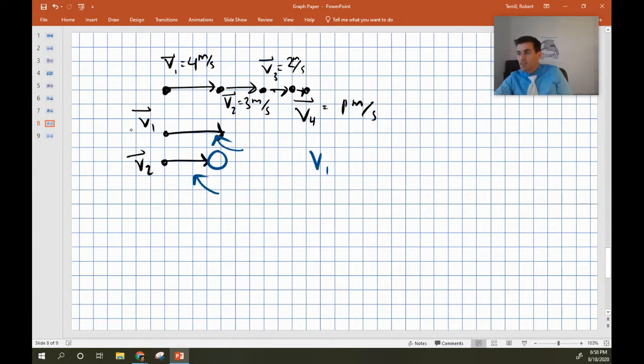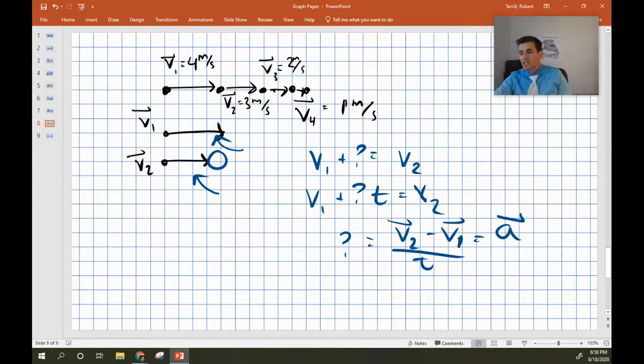We have to say v1 plus something times time is equal to v2. Rearranging this once more, our question mark is again equal to the difference in the first two vectors over time. And this is specifically called our acceleration vector. Acceleration is the change in the velocity vector over time.